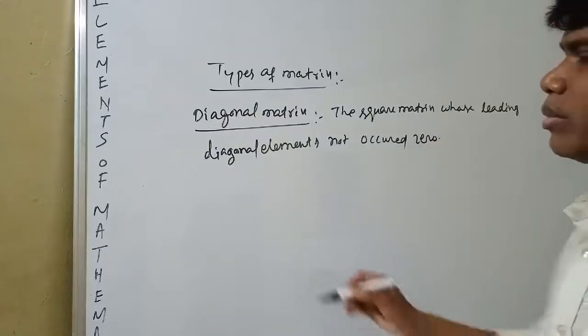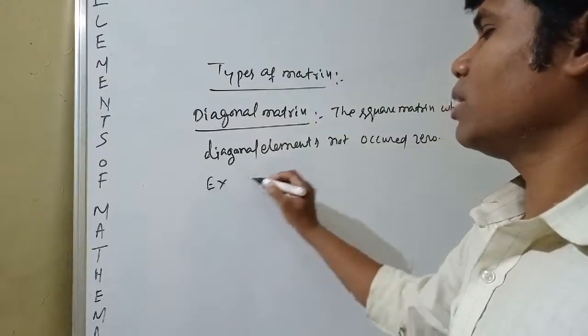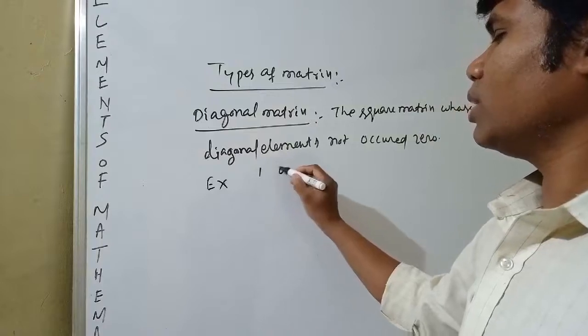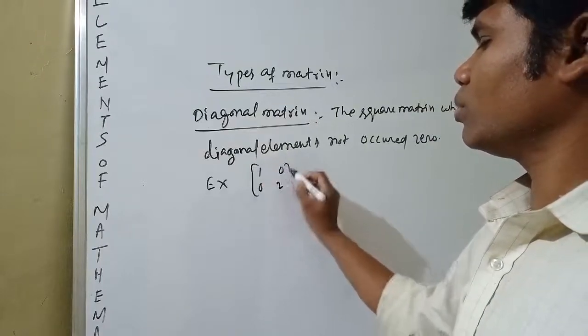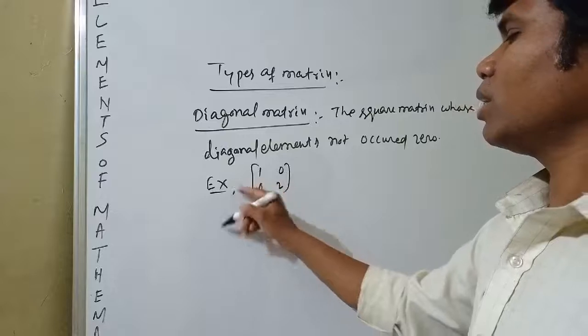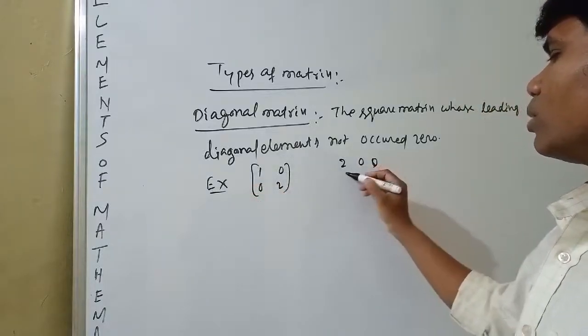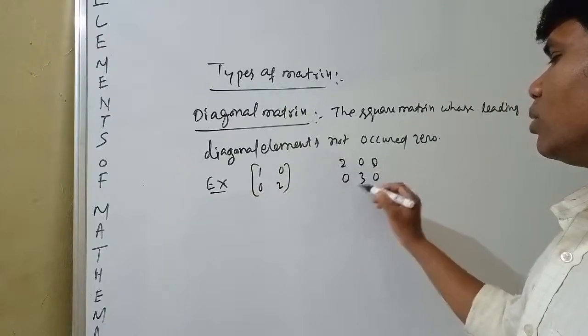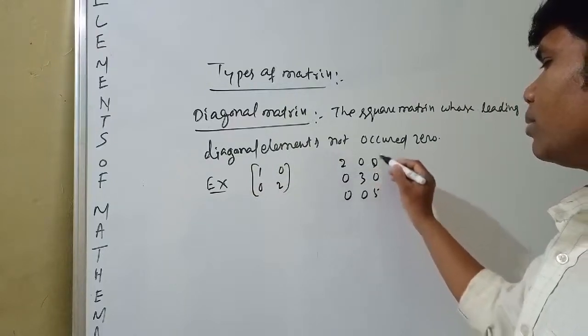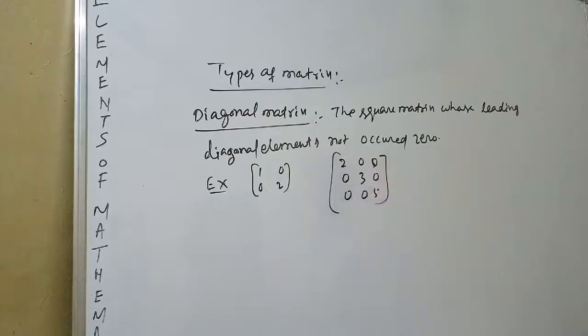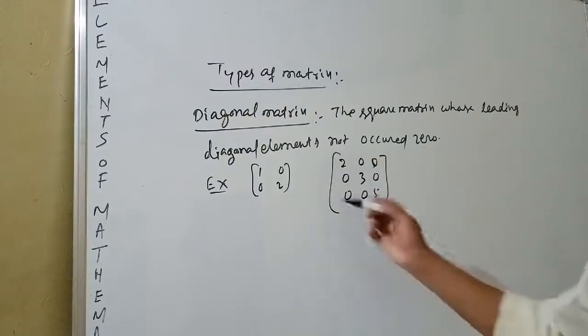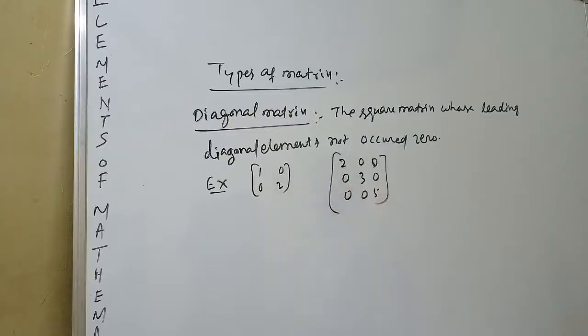For example, 1 0 0 2, and next 2 0 0 0 3 0 0 0 5. Such a type of matrix is called the diagonal matrix. You see, the diagonal elements are not 0, other elements are 0.